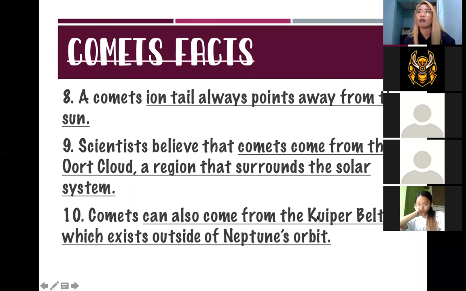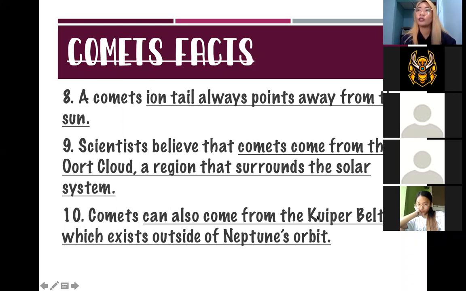So ito yung mga comets na nakikita natin after every 5 years or every 6 years or every 10 years. Regularly visit our planet because their orbit is nearby. Laging nadadaanan yung ating planet.